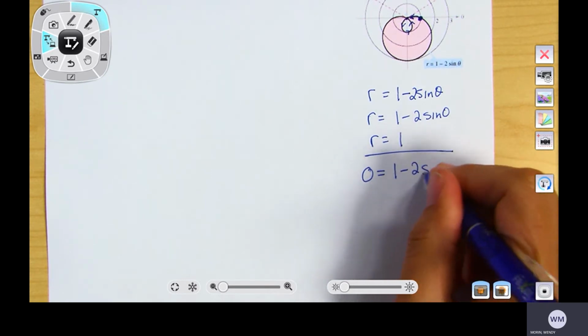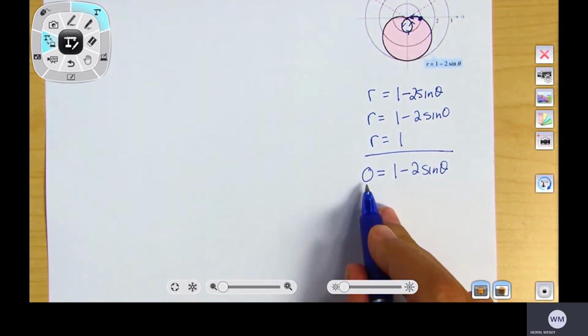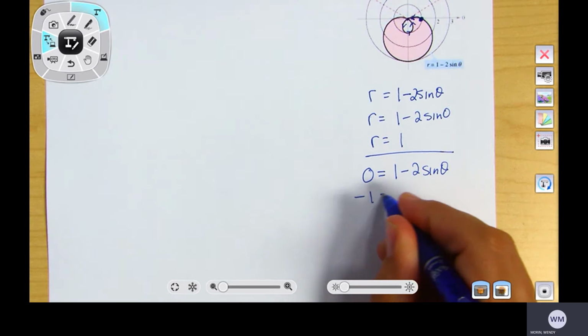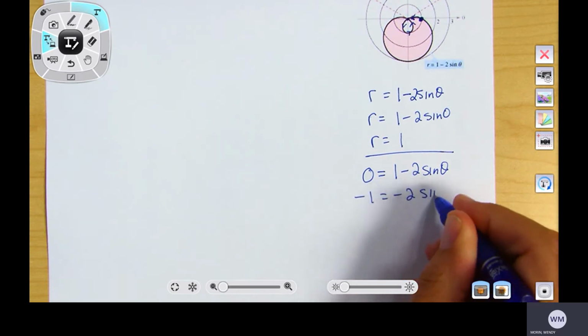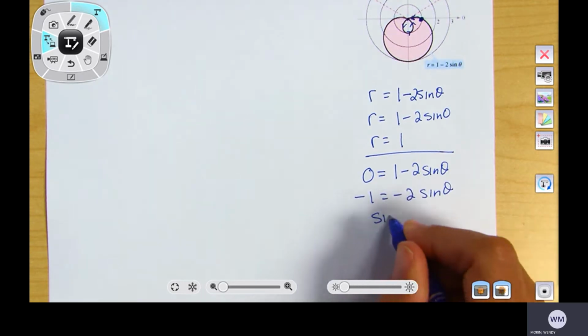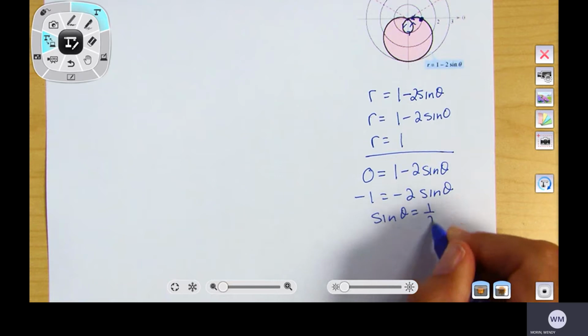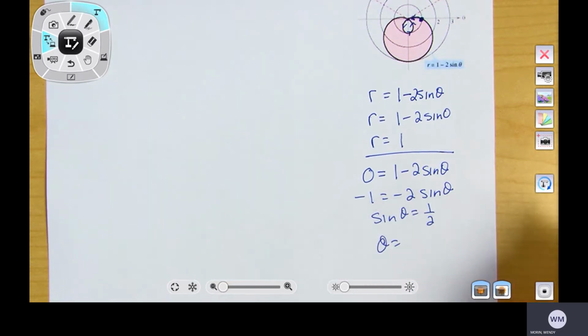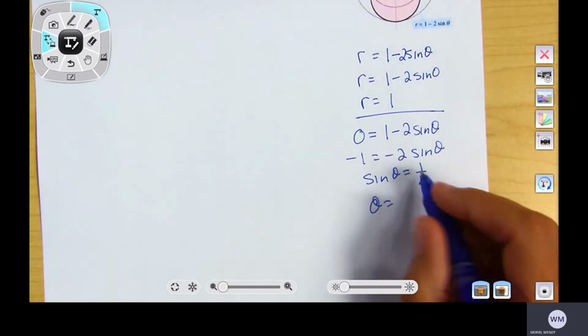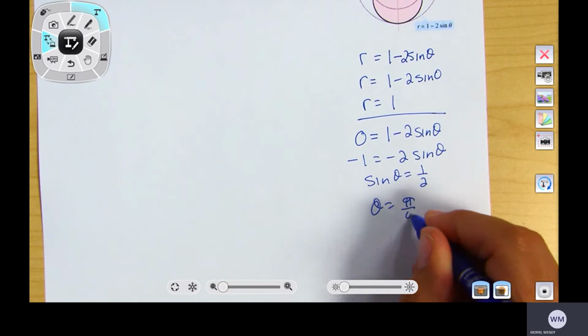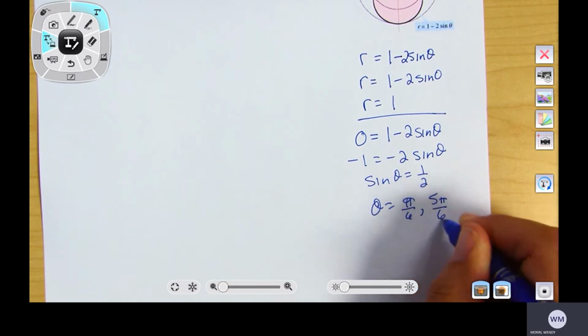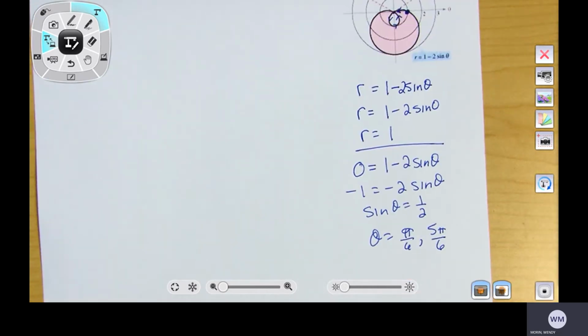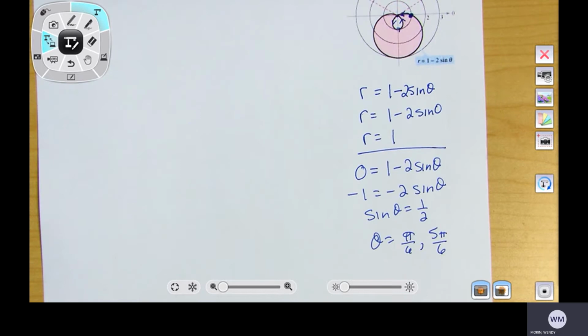When is your radius equal to 0? So that's going to be a -1 equals a -2 sine theta, or when sine theta equals 1/2. And from our unit circle, sine of theta is equal to 1/2 at pi over 6 and 5 pi over 6. So our good trig skills match the picture that's given.